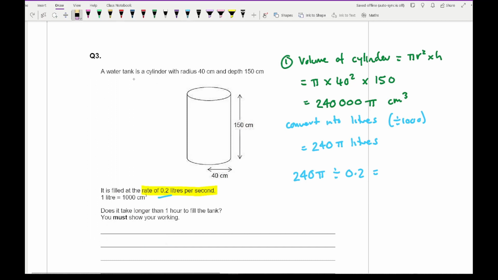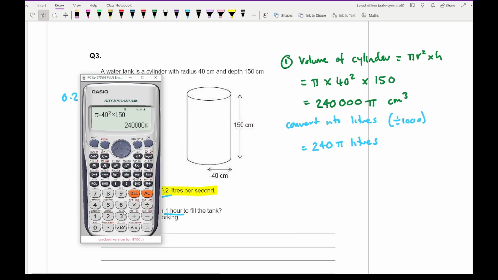So for this, I'll show you a way that makes it easier. Obviously if we're looking at 1 hour and we've got seconds, let's work in minutes to meet them halfway. So here 0.2 litres in 1 second, well then that means that in 60 seconds I'm going to get 60 lots of 0.2, which is 60 times 0.2, which is 12.